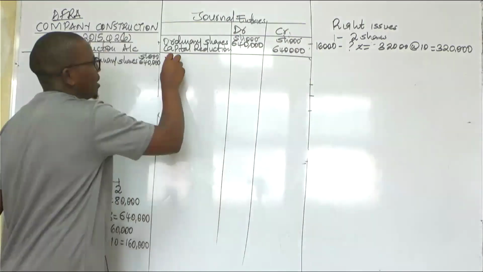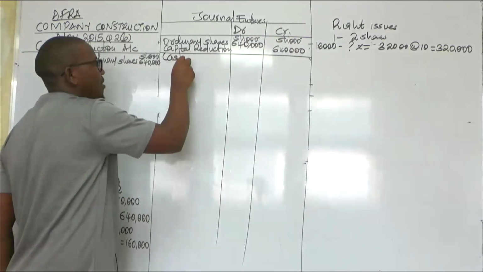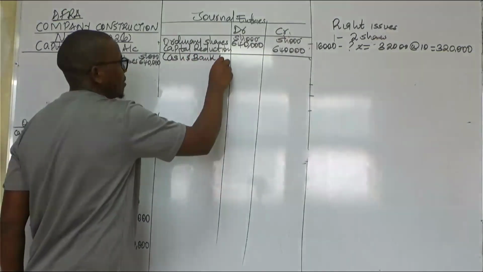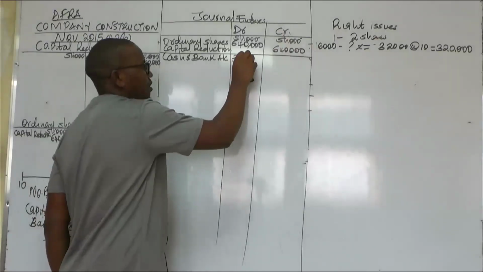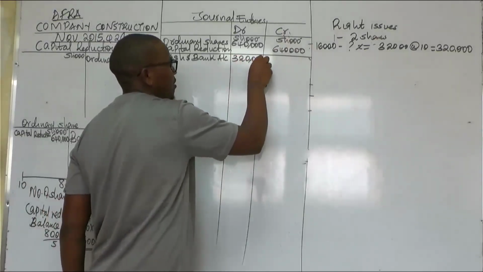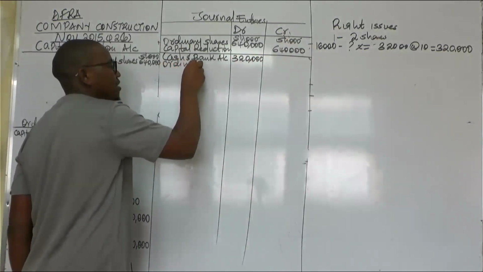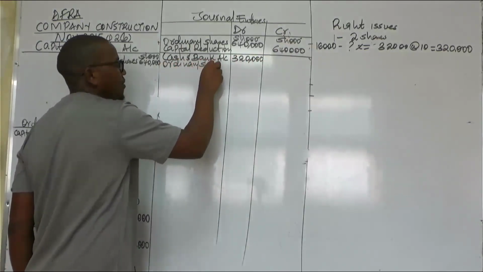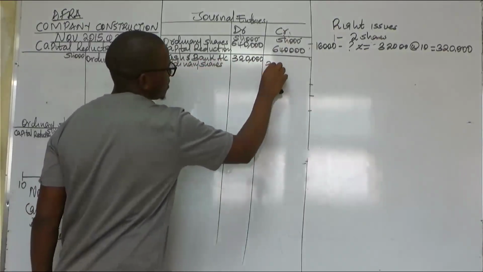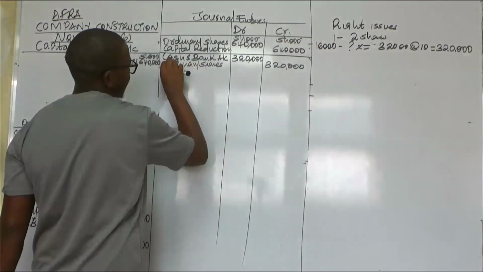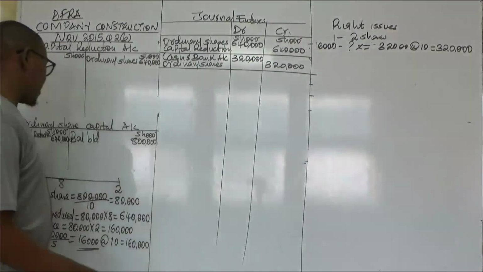Therefore, here I will just debit the cash and bank account with how much? 320, right? When you issue the shares, since you increase the ordinary shares, I will have the ordinary shares with 320, is that okay?